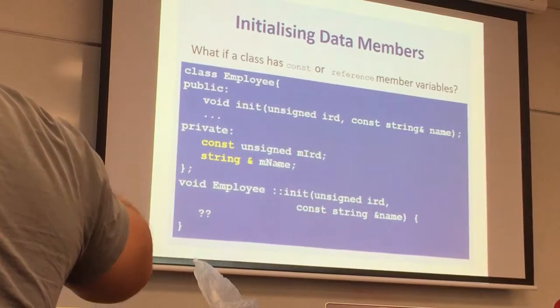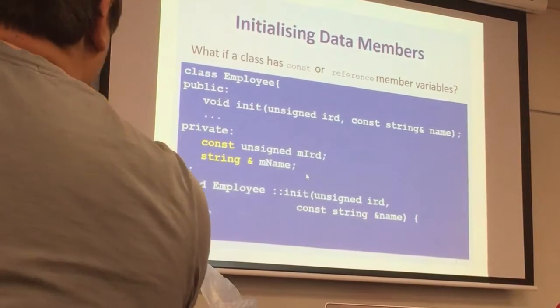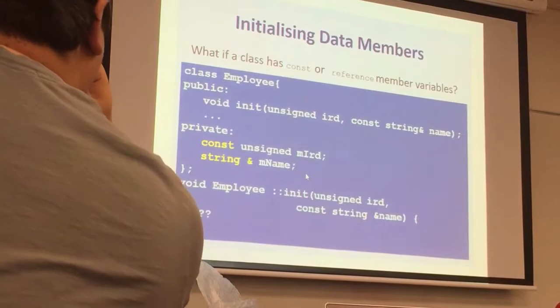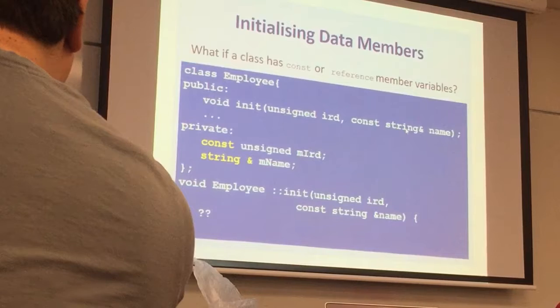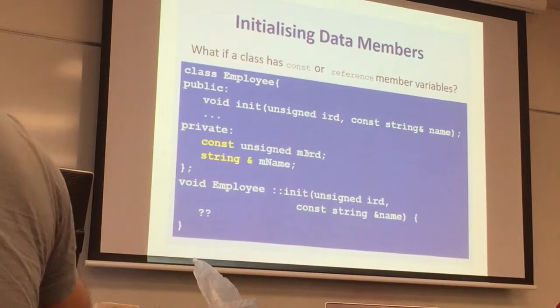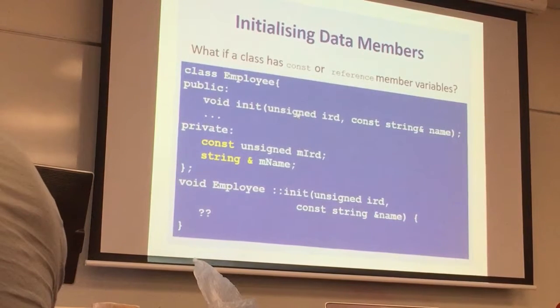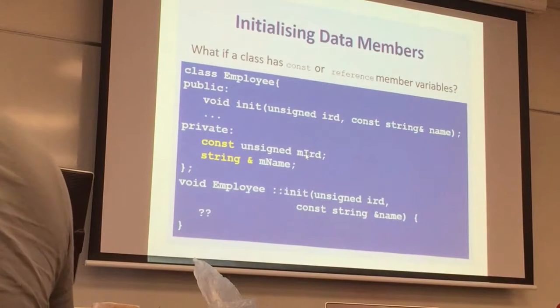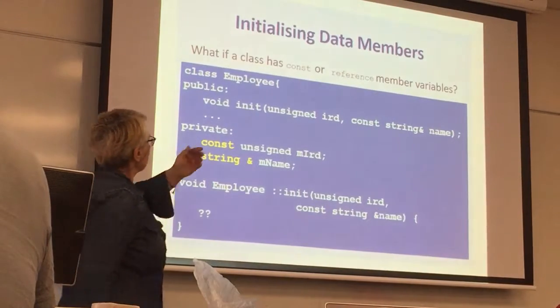There is another issue. If we have classes which have constant data members or reference type members, we can't use initialization like this, because if you remember, a constant has to be initialized when it's declared. It's not possible to assign a value to m_id inside the init. So, one, learning curve with different names.